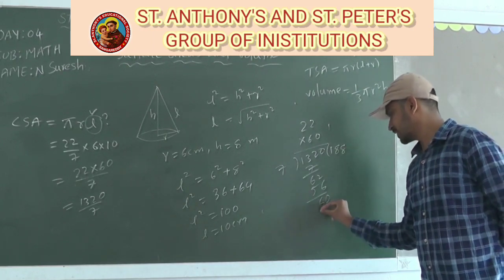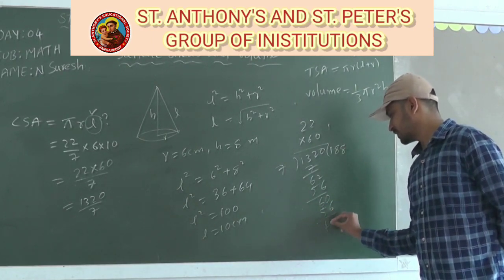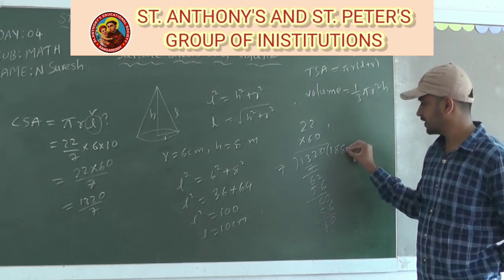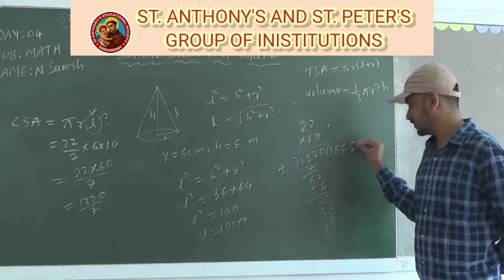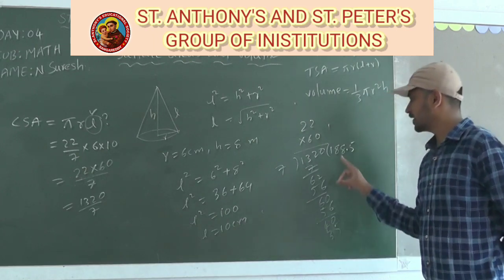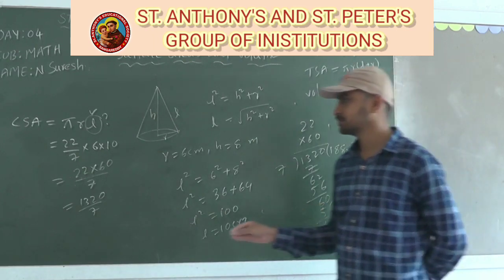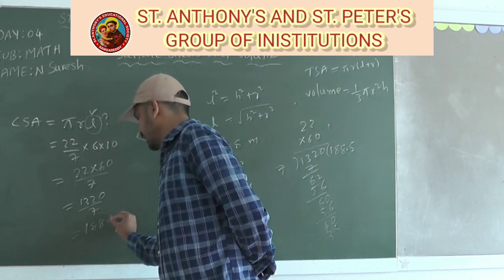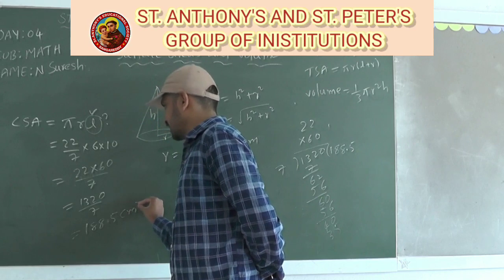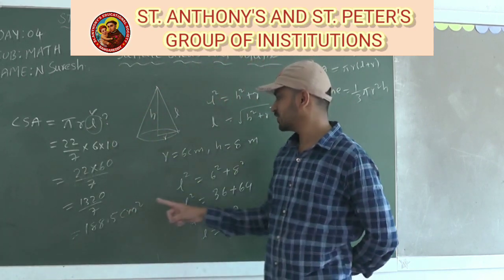Again 7 fives are 35. So 188.5 centimeters square. This is the CSA of the cone.